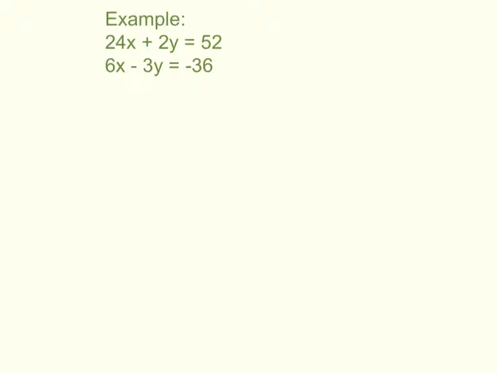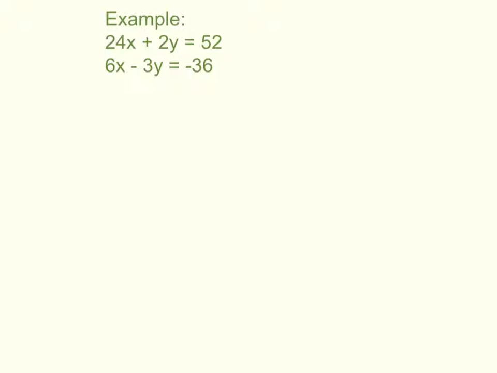Okay, so my next example is 24x plus 2y equals 52 and 6x minus 3y equals negative 36. As you can see, it's not set up perfectly like it was last time, so I'm going to have to multiply by something in order to get one of my variables to drop out. I can either take this 6 and make it a negative 24, or I could make my 2 and my 3 6 and negative 6.